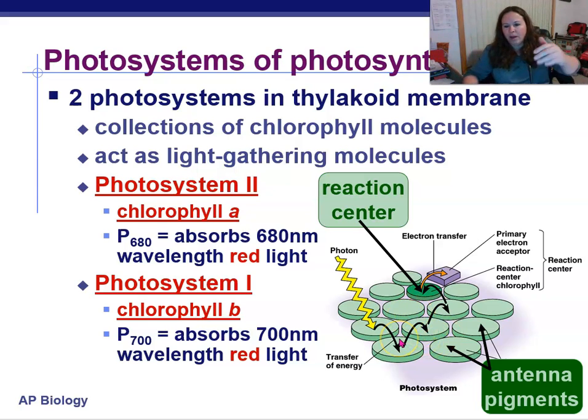The electrons bounce. You could just let them bounce, but that's not going to let you do anything. You want to grab those electrons, because remember, grabbing electrons or grabbing H's gives you money in the bank, potential energy to use later. So chlorophyll's job is to provide electrons.